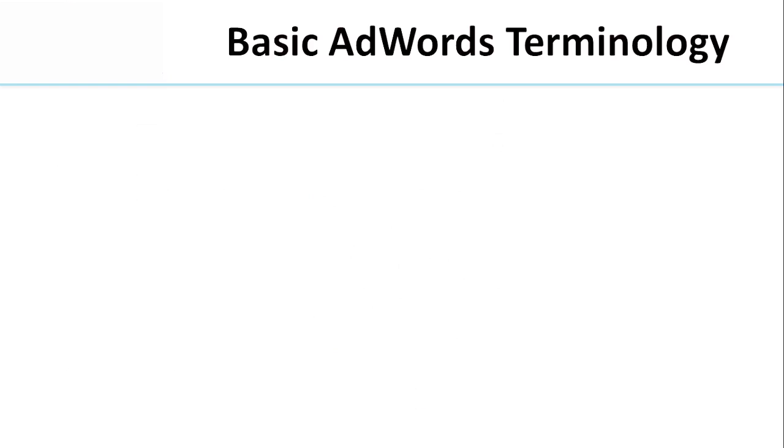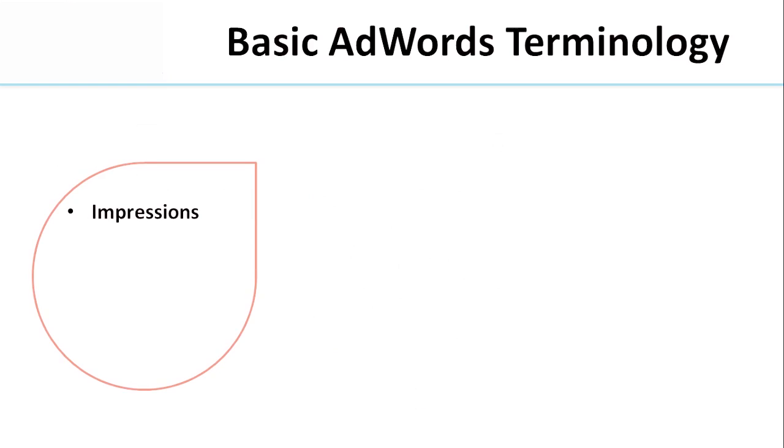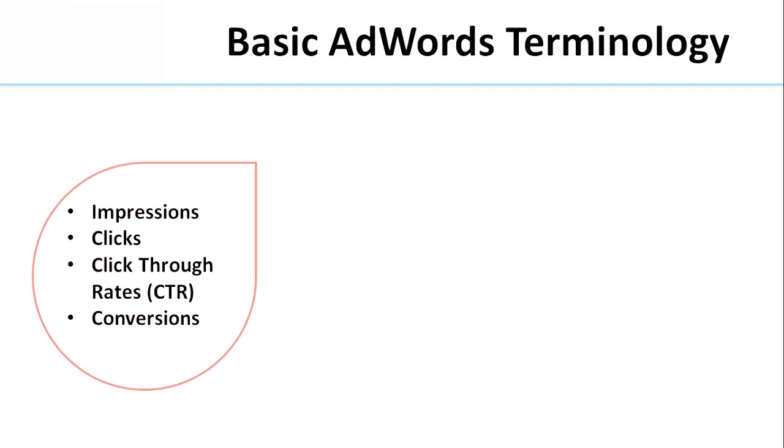Basic AdWords terminology that we use in digital marketing includes impressions, clicks, click-through rate, which is popularly called a CTR, conversions, campaign.